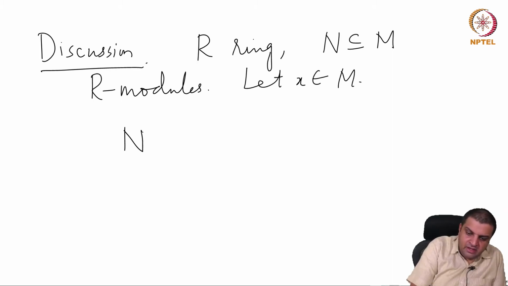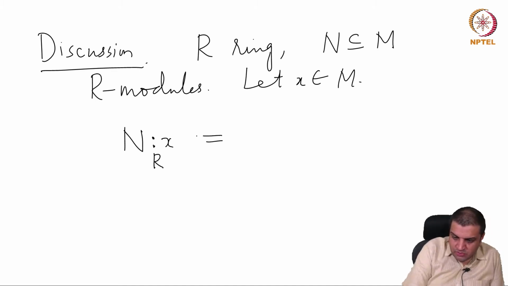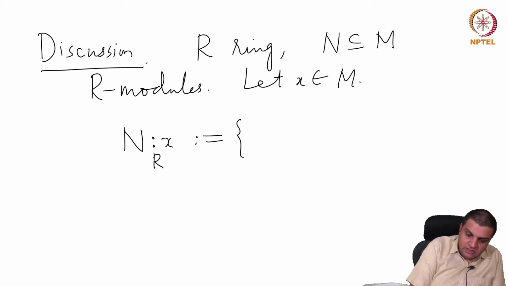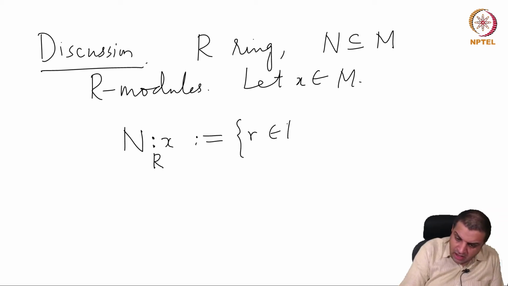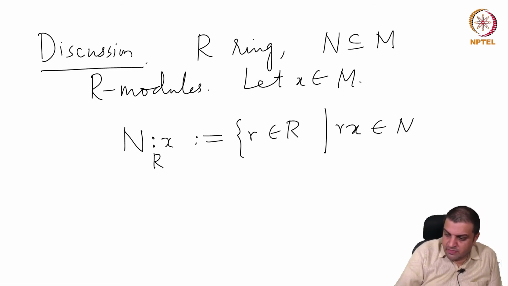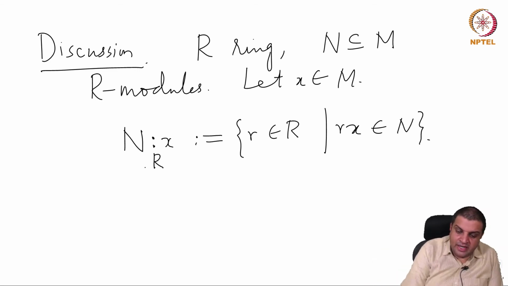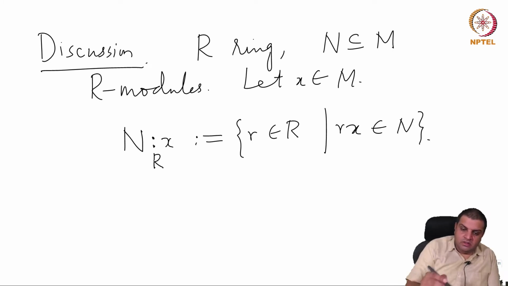We write N colon subscript R x to mean the set of all elements r in R such that rx is inside N. This is read as N colon x, and if you want to be specific, N colon x over R. Okay, so this is a notation.